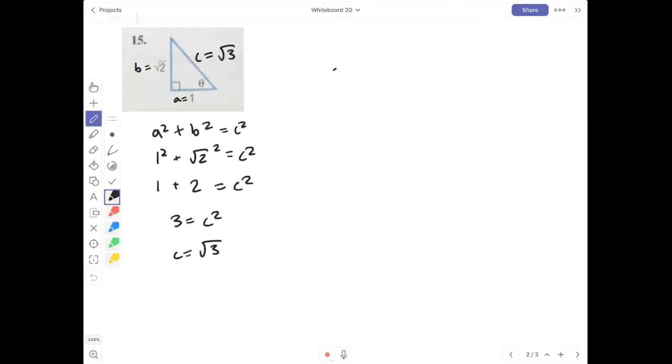Okay, now I'm going to find the sine of theta, the cosine of theta, the tangent of theta, the cosecant of theta, the secant of theta, and the cotangent of theta.